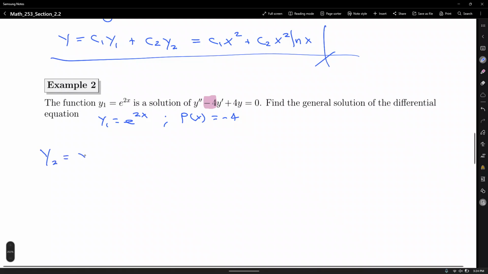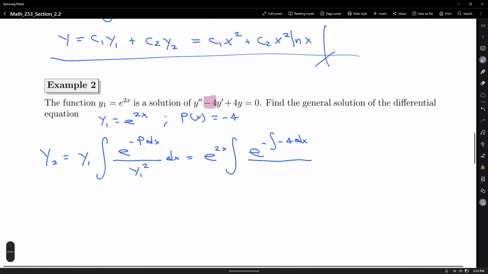y sub 2 will be y sub 1 times the integral of e to the negative integral of p dx, everything divided by y sub 1 squared dx, which is y sub 1 substituting e to the 2x, integral of e to the negative integral of negative 4, careful with signs right here, dx.